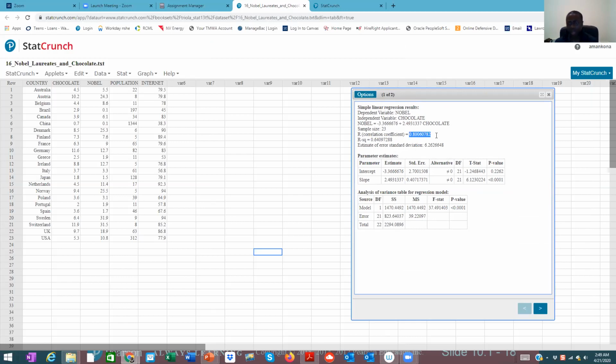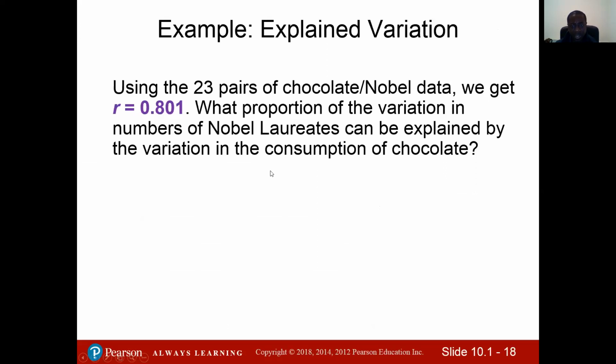So now, if I continue this, I want to see from my PowerPoint how much of the Nobel Prizes won is explained by the chocolate consumption.